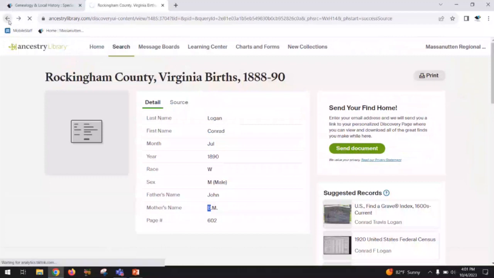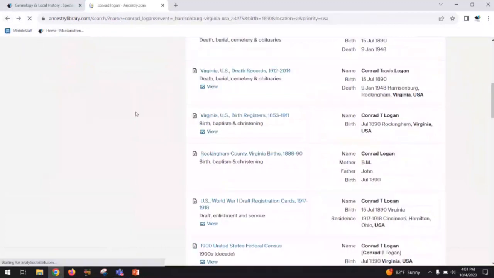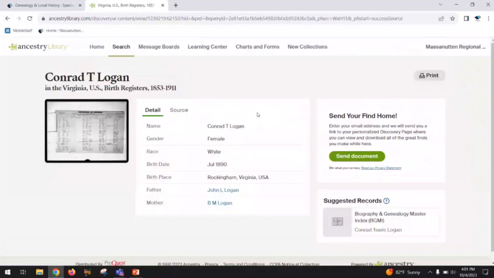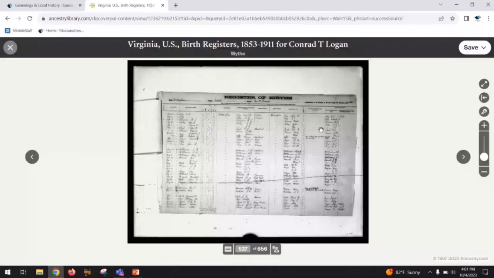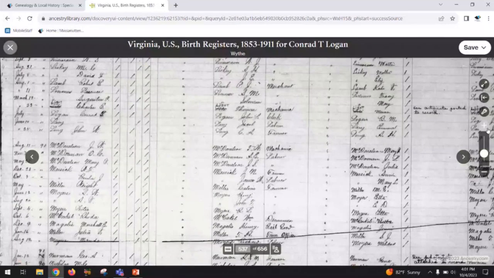Let's go back. And instead of this Rockingham record, let's look at this Virginia record. So this one actually has an image, but it's basically going to have the same information we saw on the Rockingham County transcription.